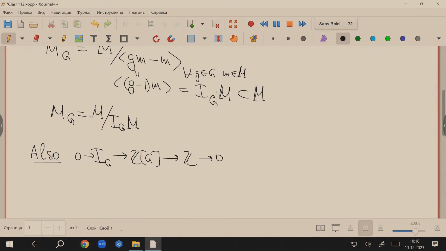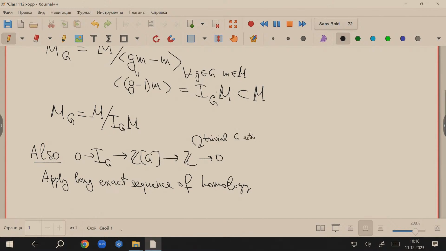So you can apply the long exact sequence of homology. Here, of course, Z has trivial G action.